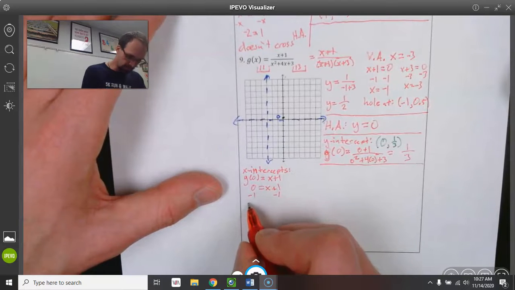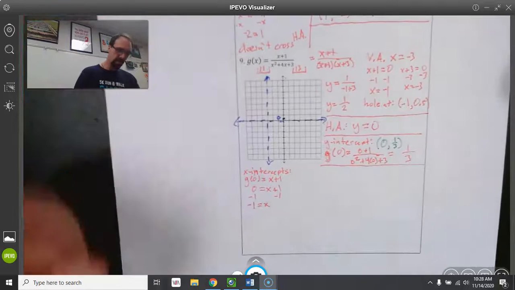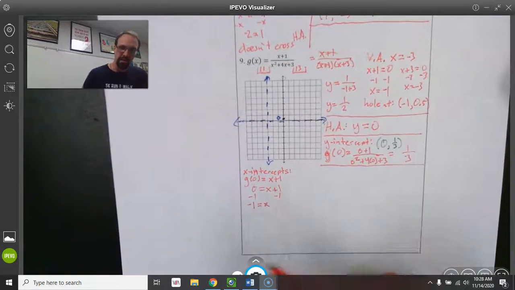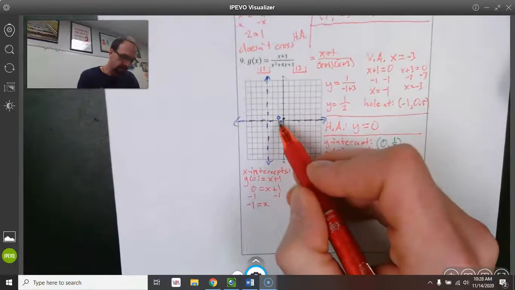So I have -1 equals x. Now this should give us a red flag. And going through and doing this, we're going to get x equals, wait a second.